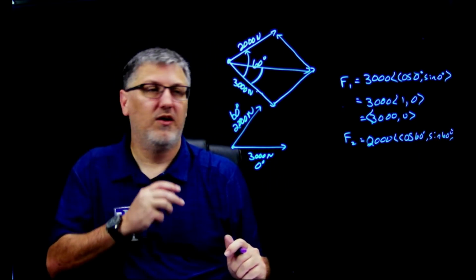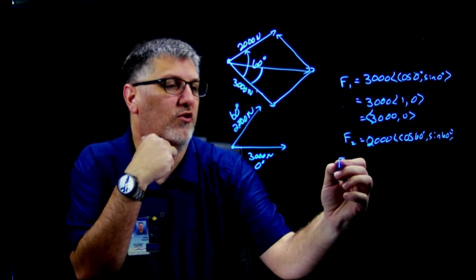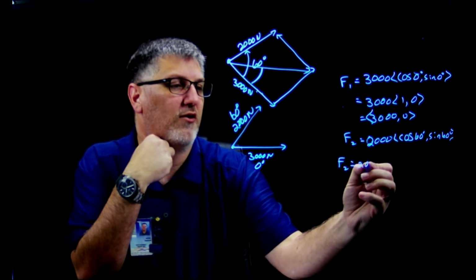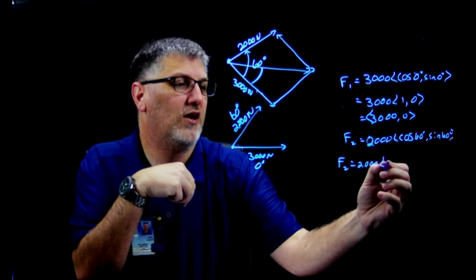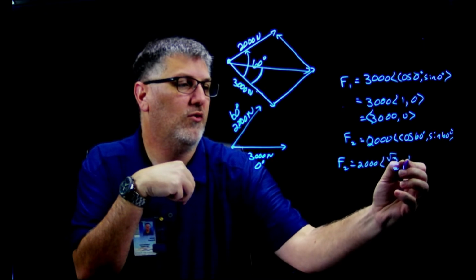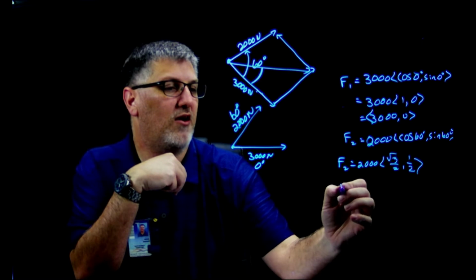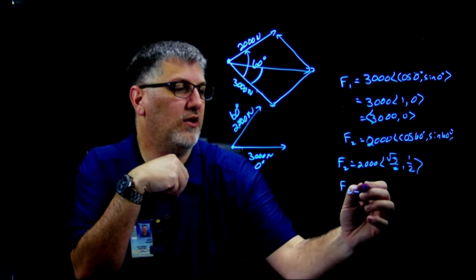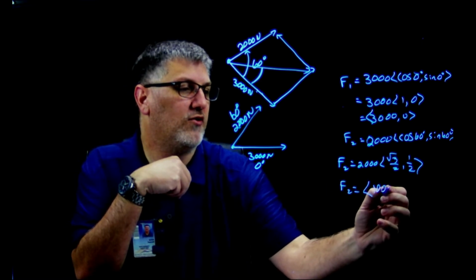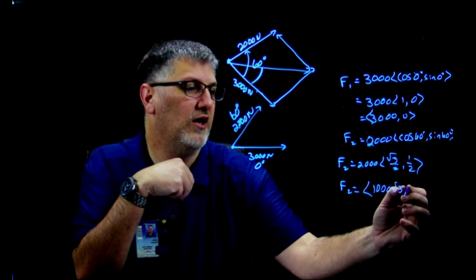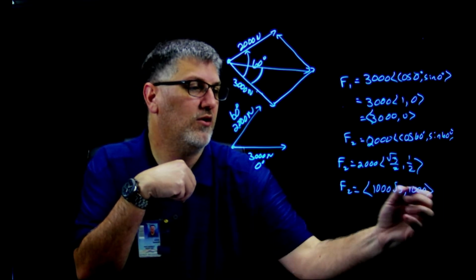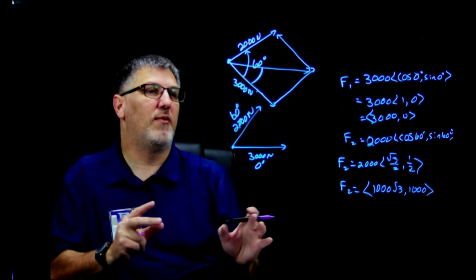All right, now from here, force 2 is going to be 2,000 times the square root of 3 over 2 and 1/2 from the unit circle. Multiply these out. Force 2 is going to be 1,000 square root of 3 and 1,000. Okay, so I have my force 1 and force 2.